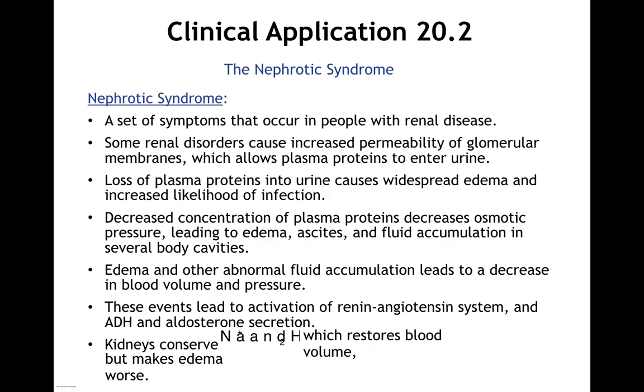Decreased concentration of plasma proteins and decreased osmotic pressure leads to edema, ascites, which is fluid in the abdominal cavity, and fluid accumulation in other body cavities. Edema and those other abnormal fluid accumulations lead to a decrease in blood volume and therefore pressure. And these events lead to the activation of the renin-angiotensin system and the production of ADH and aldosterone, which works to restore blood volume.